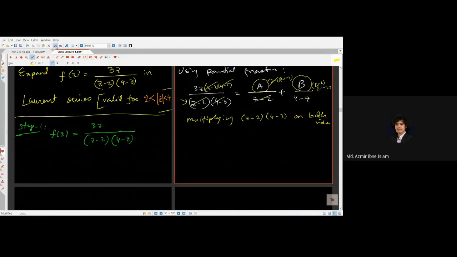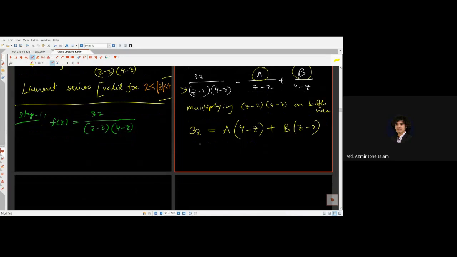So we have the simplified form: from the left side we have just 3z, and in the right side we have A times (4 - z) plus B times (z - 2). So this is our equation 1.